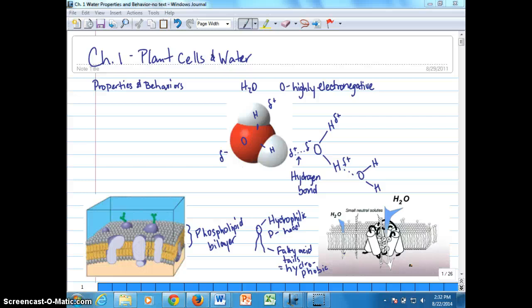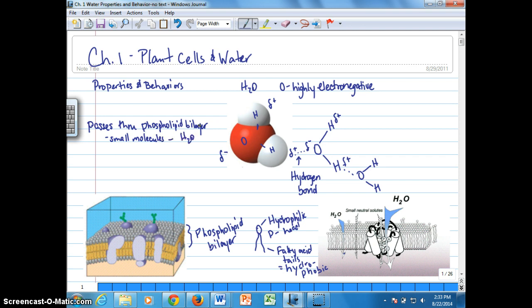Basically, we'll make a little list here of what passes through the phospholipid bilayer. It includes really small molecules such as water.